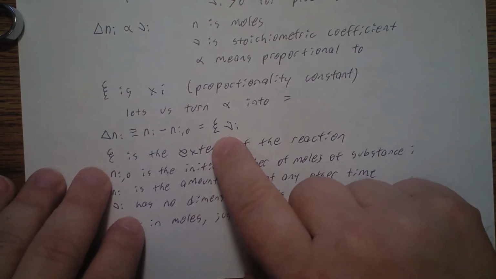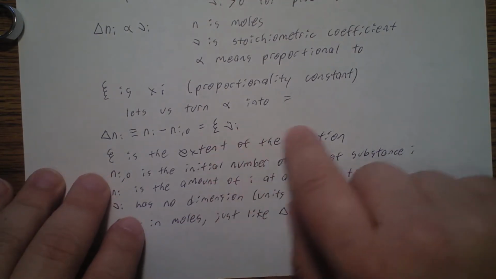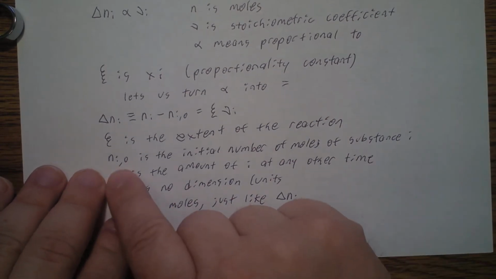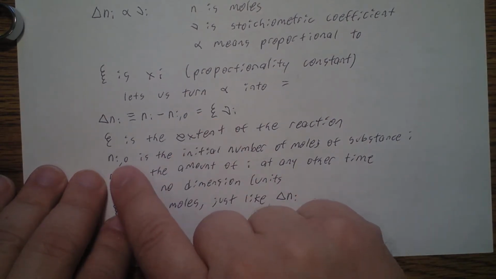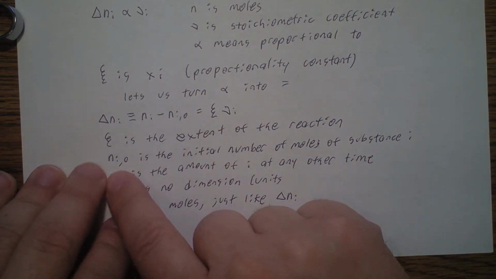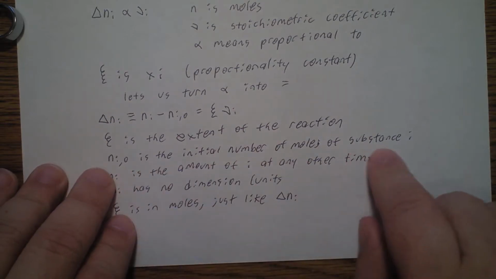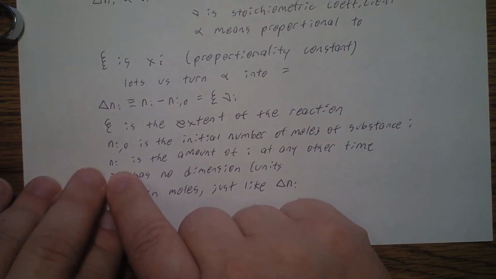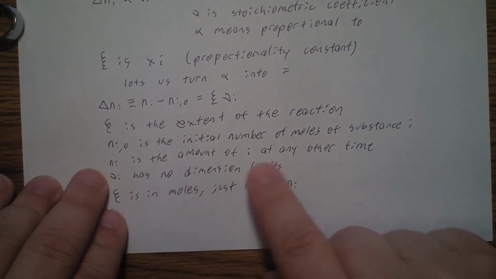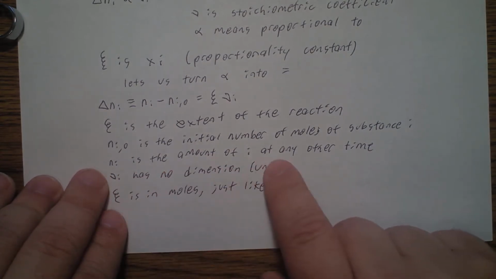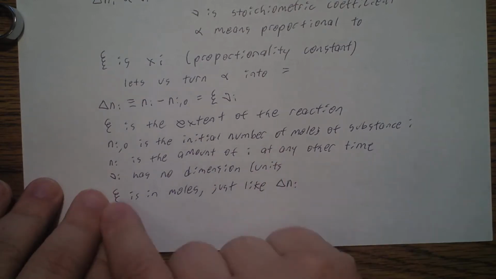So this xi is going to be the extent of the reaction. So it kind of looks like an E anyway, so that makes sense. So n_i naught is the initial number of moles of substance i, and then n_i is just the amount of i at any other time.